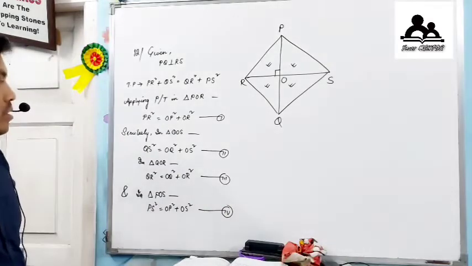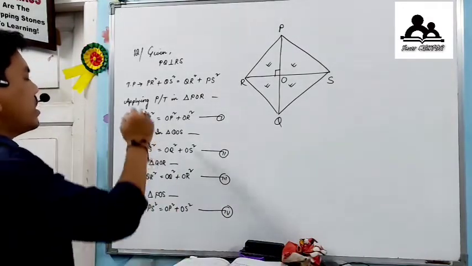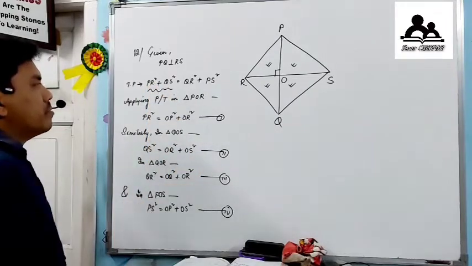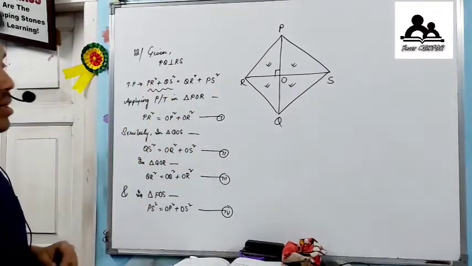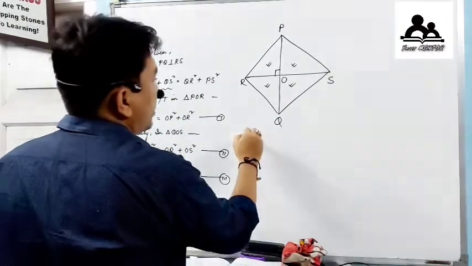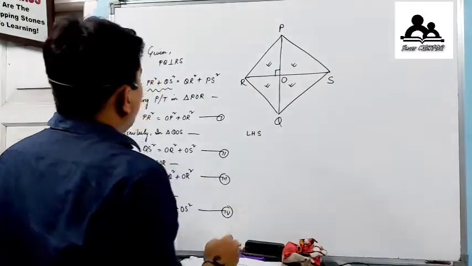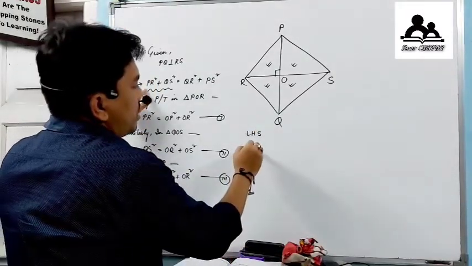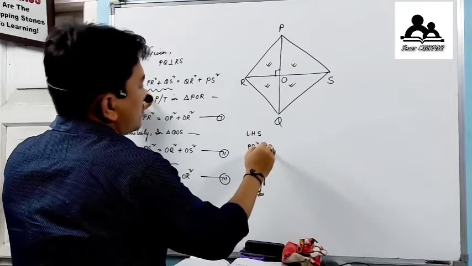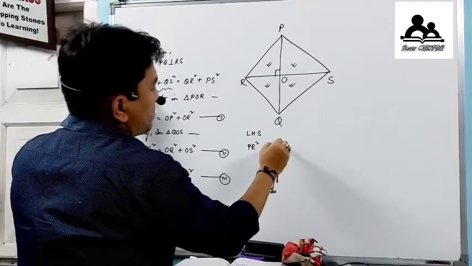Done? Okay. So now we will try to solve the left hand side, and from the left hand side we will try to find the right hand side. Let us take LHS. In LHS, what is given? PR square plus QS square.